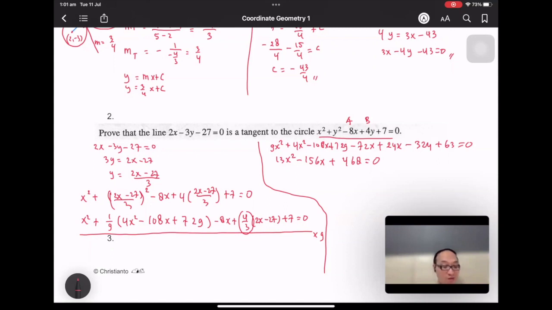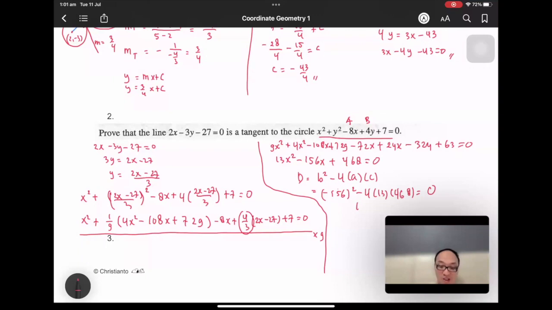Now we check the discriminant. The discriminant is b squared minus 4ac. So negative 156 squared minus 4 times 13 times 468 equals to 0.